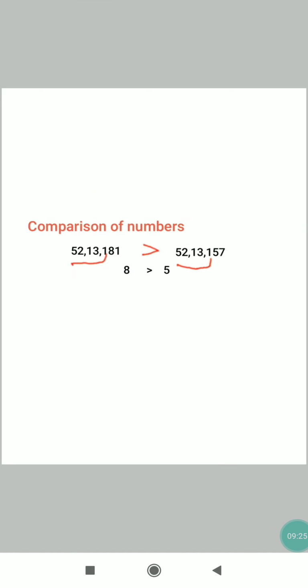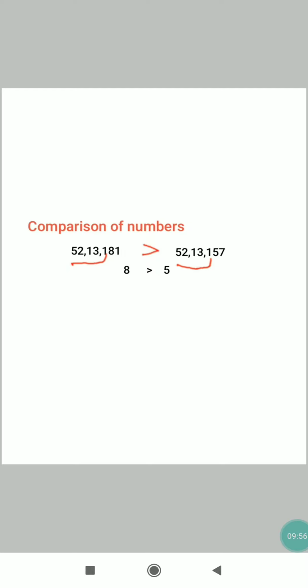In the same way, student, this one is also done, but here you can see that till the fifth place from the left side, the digits on both numbers are the same as it is. You can do the comparison like 5 2 1 3 1 is given, and on this side also 5 2 1 3 1 is given.